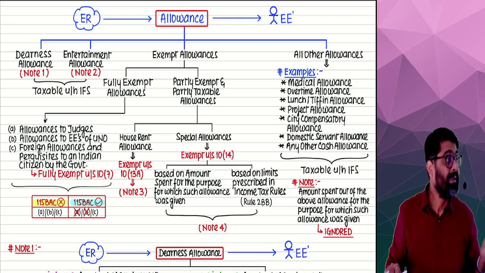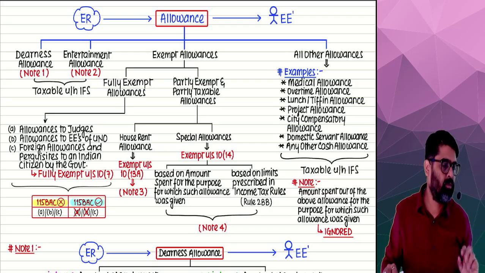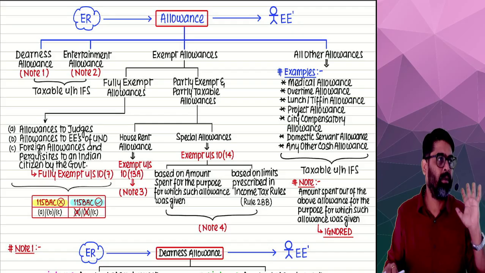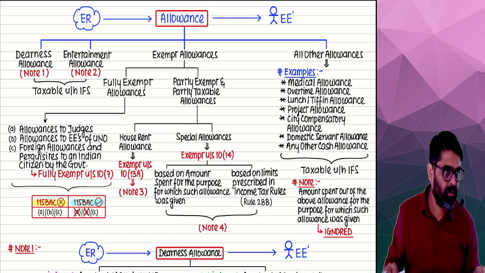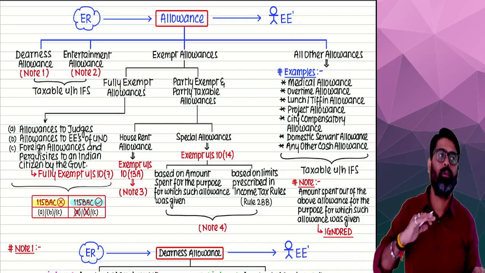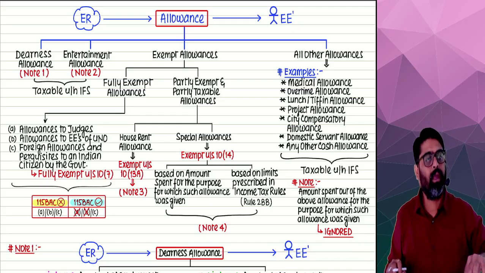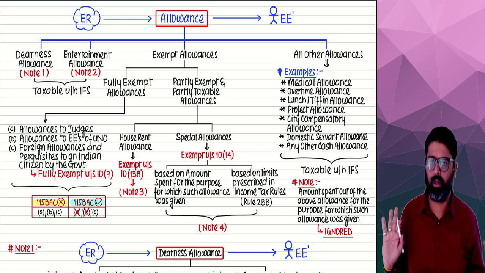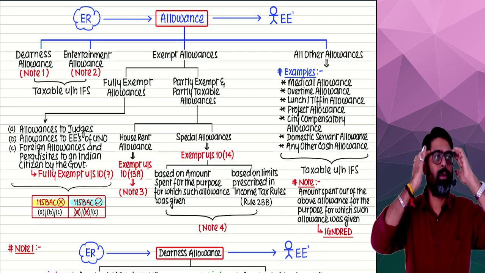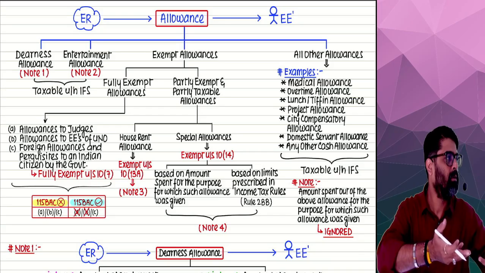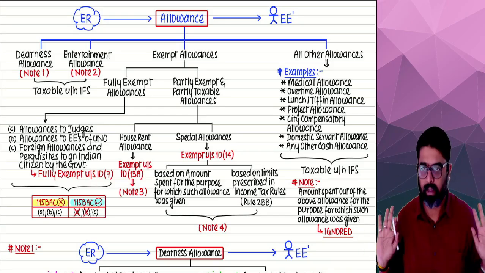But wait, there are some allowances for which exemptions are granted. If you are receiving X allowance, Y allowance, Z allowance, A, B, C, any type of allowance, the first thought should be to tax it. Because all types of allowances are taxable.